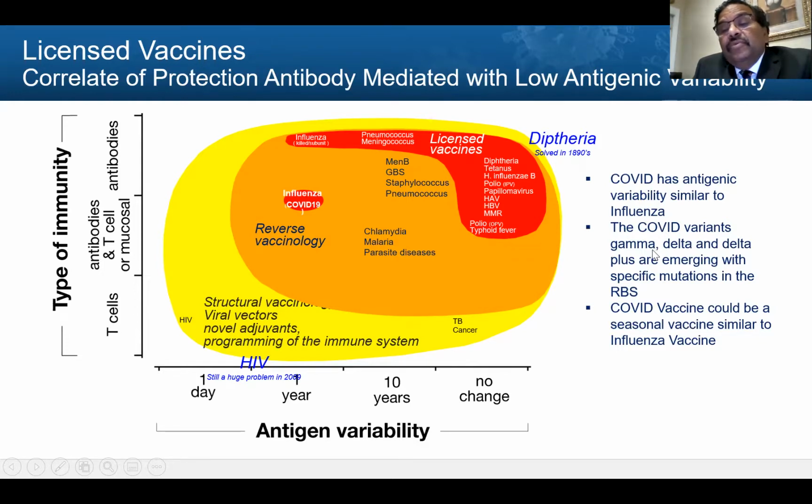For COVID, new variants are coming up, and these variants are not hugely different, but they have mutations in the critical receptor binding site. My perception is that the COVID vaccine in the long term will be a seasonal vaccine similar to the influenza vaccine.